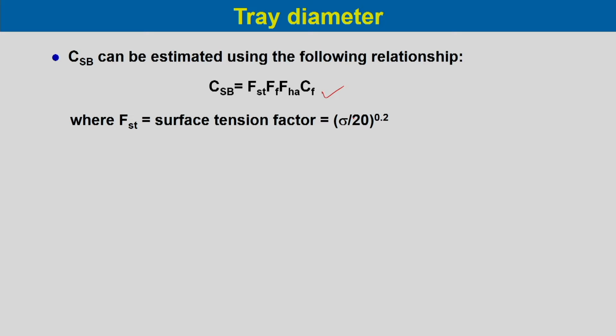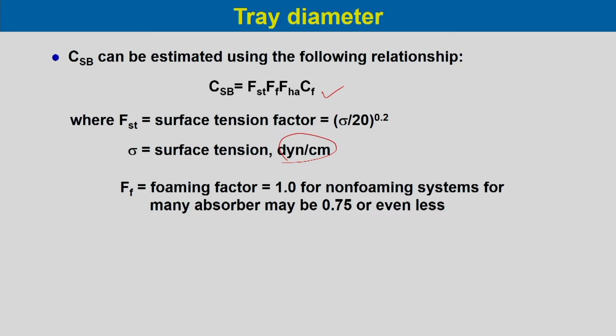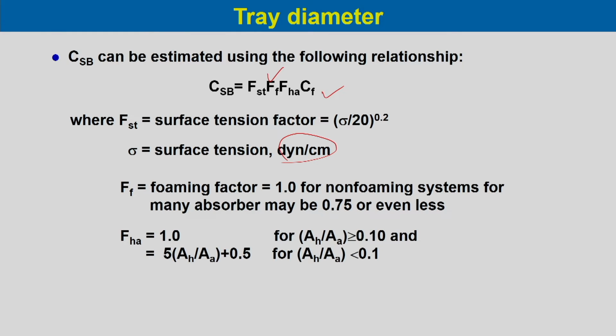Sigma is the surface tension, in units of dynes per centimeter, and F_F is the foaming factor, and it is usually 1 for non-foaming systems.